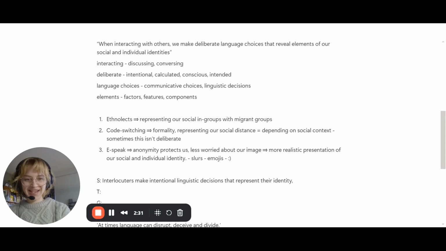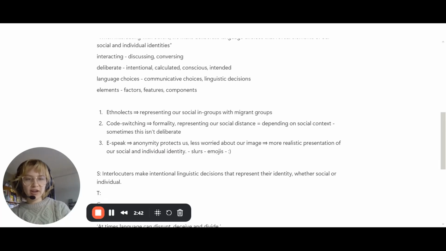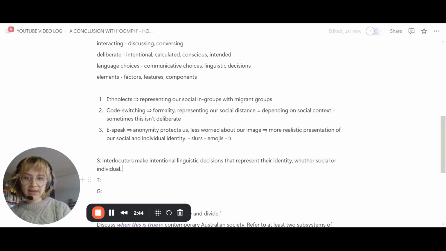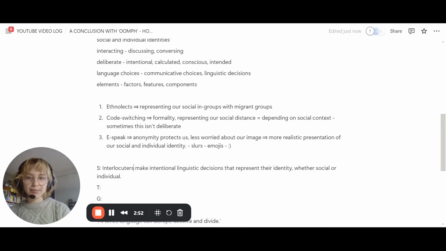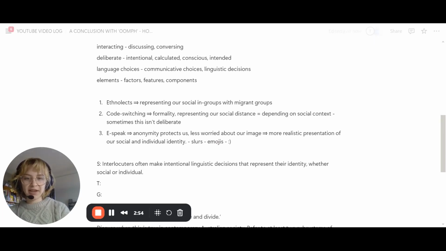Sorry, my spelling. Whether social or individual. So I've got a few words from the prompt. Interlocutors make intentional linguistic decisions that represent their identity, whether social or individual. And I'm not going to say always, but I could say often. Often make intentional linguistic decisions that represent their identity, whether social or individual.